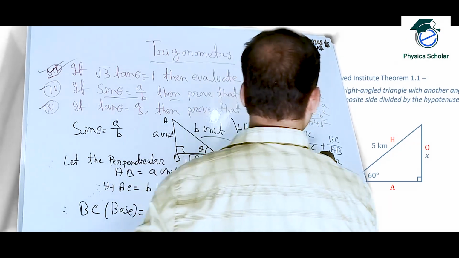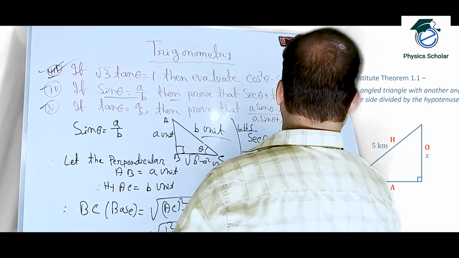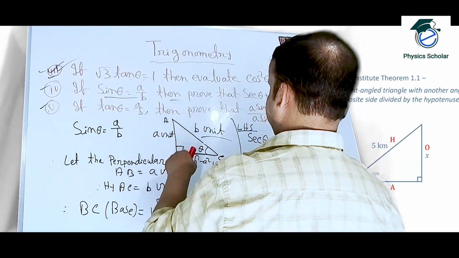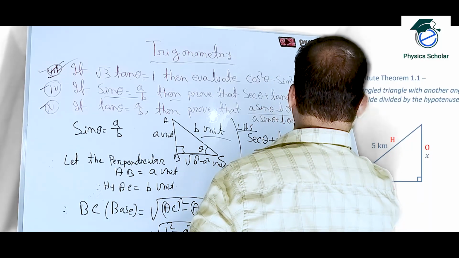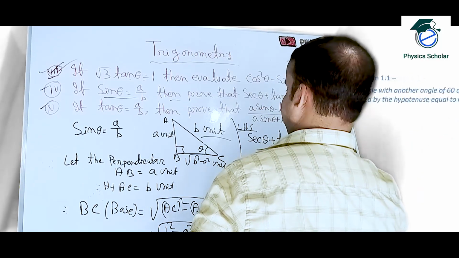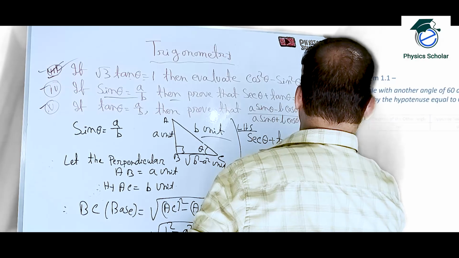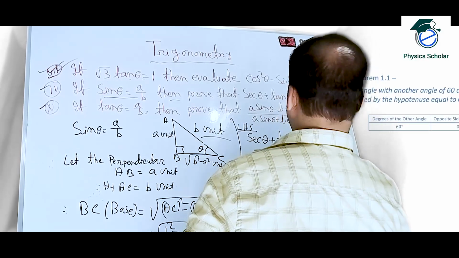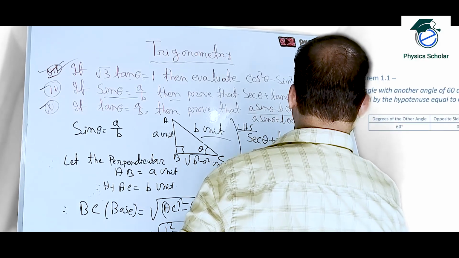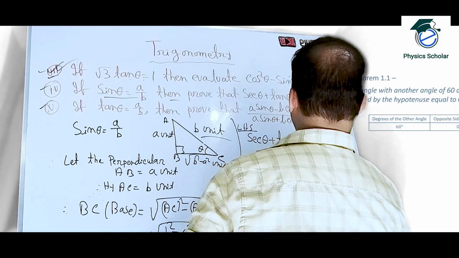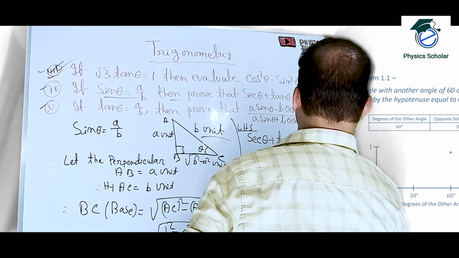Oh, tan theta is not cot. Okay, it's sec theta plus tan theta. So tan theta means perpendicular by base. Perpendicular means AB, base means BC. So AB means A unit and base BC means root over B square minus A square.